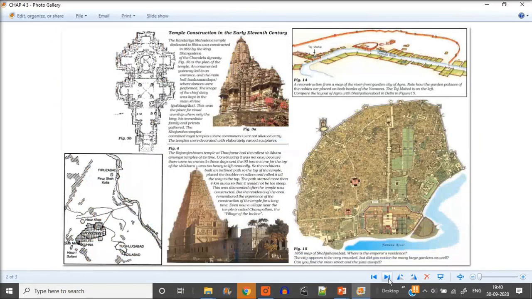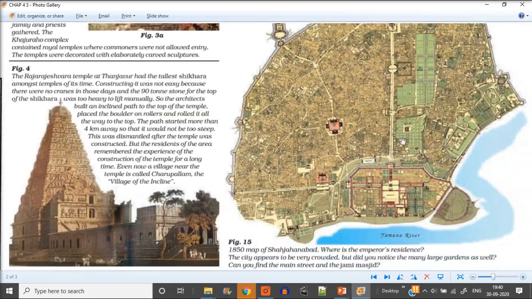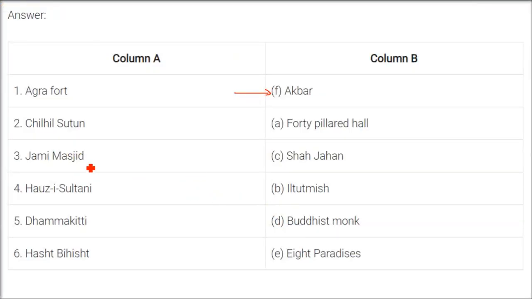Now let me show a picture here also. Jama Masjid. This is Shahjahanabad. This is the map of Shahjahanabad. It's basically Old Delhi. If you have gone to Old Delhi, this is Shahjahanabad, and this is the Raja's Mahal, etc. This is the Jama Masjid, and here we have the Yamuna River. Here you can also see the Charbagh architecture.